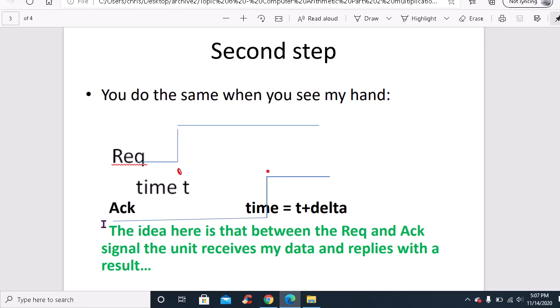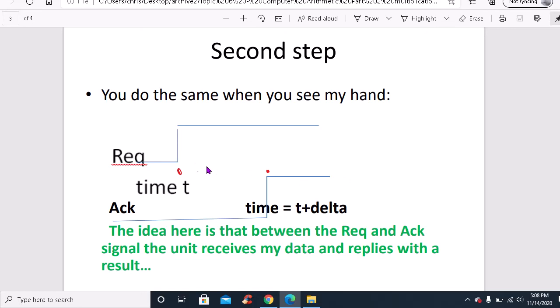And a short time afterwards, at time t plus delta, I'm actually going to inform you that I've seen your signal by raising my acknowledgement signal to logic 1 and keeping that high. I want to make sure that you see my acknowledgement as well.